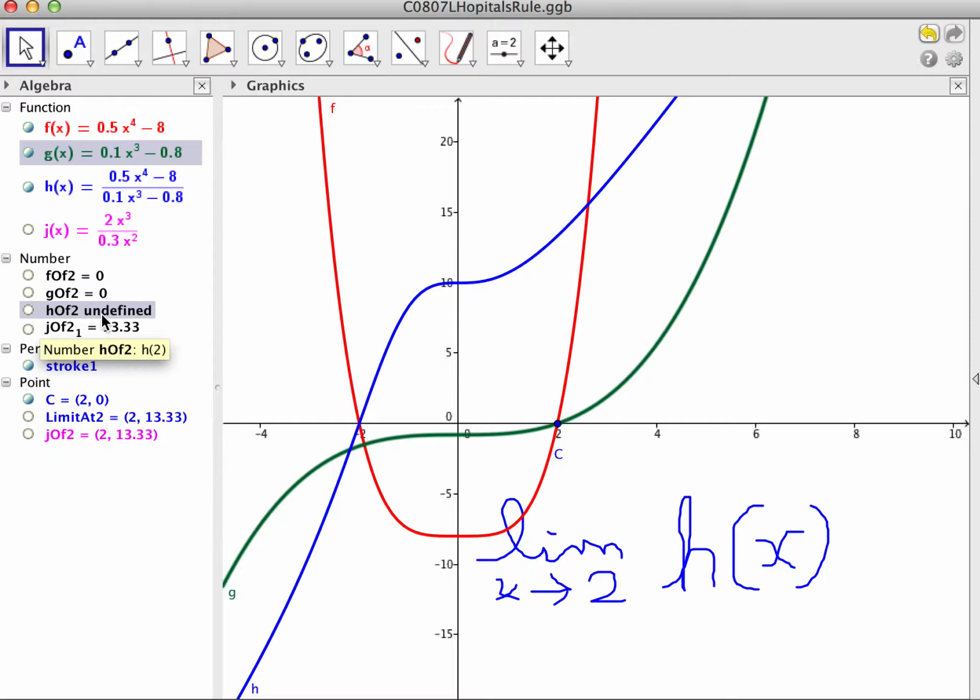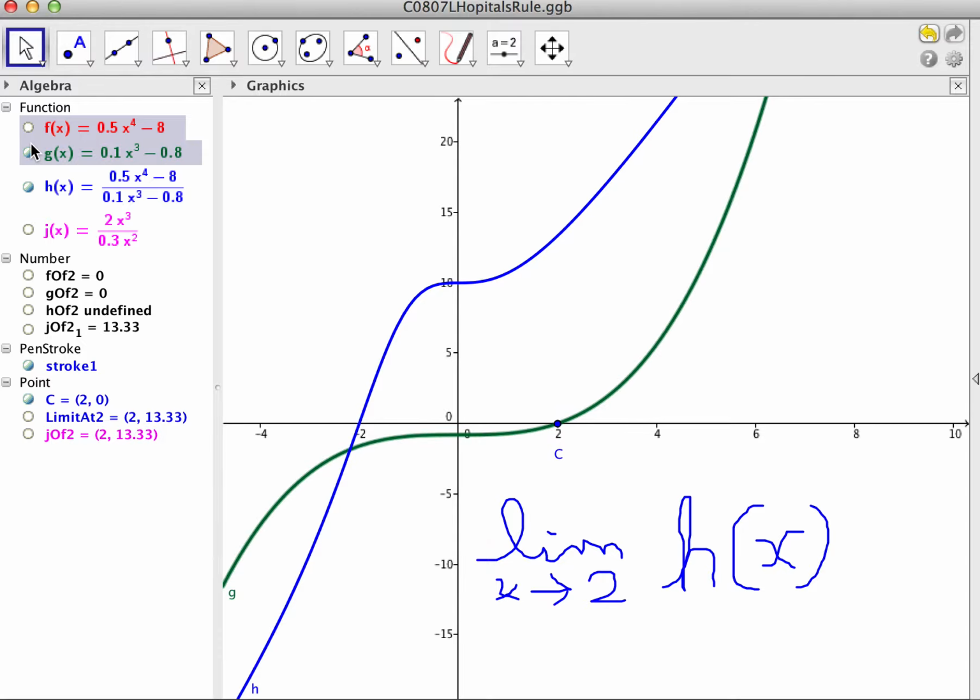So if we put 2 into the h function, we're going to get 0 over 0, which is the indeterminate form. Since it's the indeterminate form and it's continuous around this area except for at 2, we can apply L'Hopital's rule.